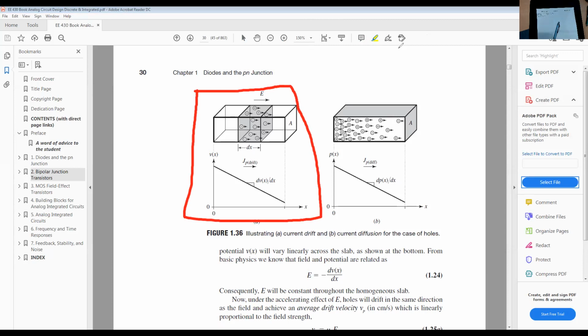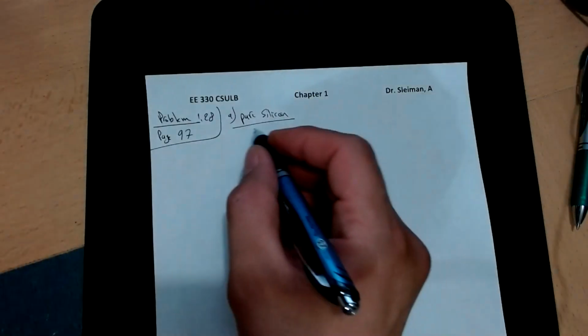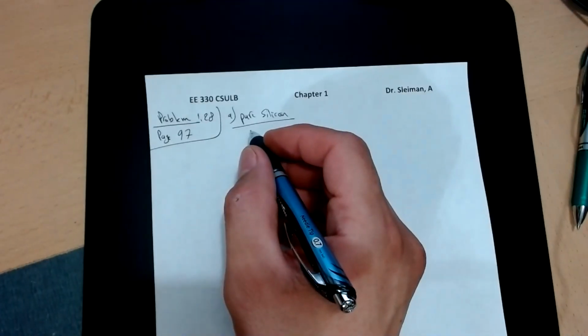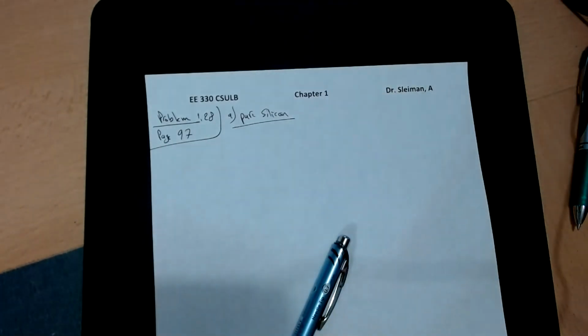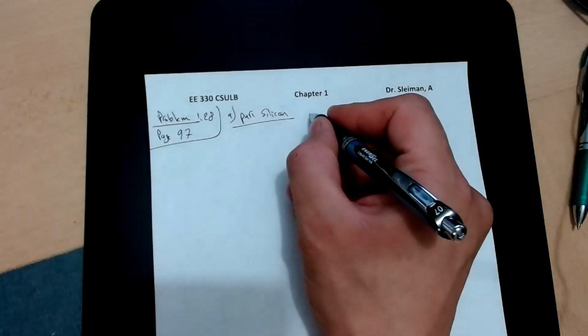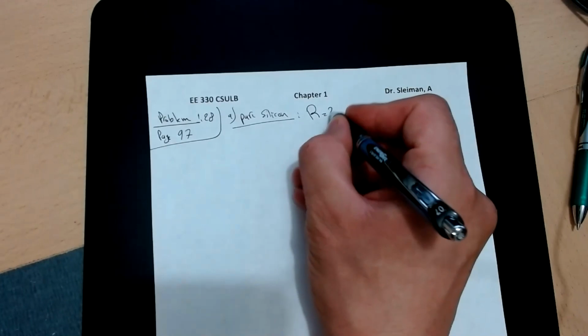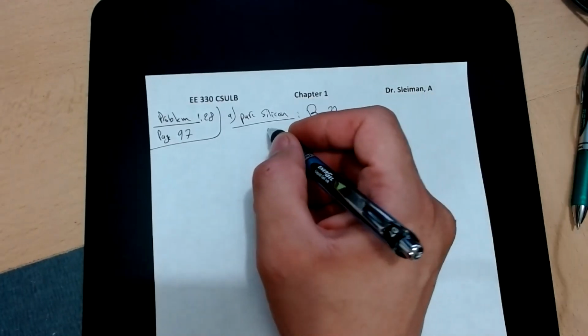We are using, in the beginning, the pure silicon material, and first of all we need to account for the resistance. So they're asking for R when it's pure silicon.